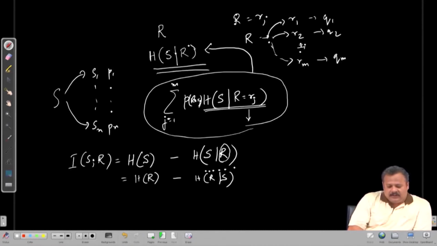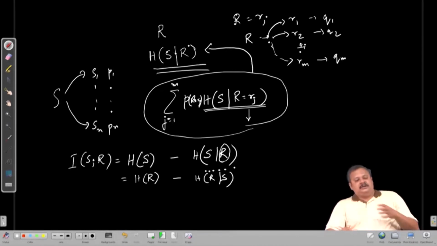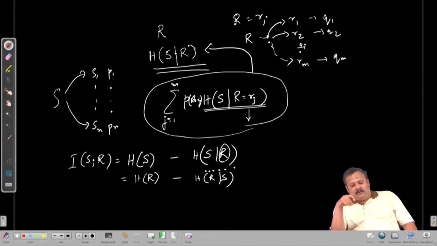So, in this case we have two random variables, and we may be observing one of them and trying to guess the other. We are observing the response, and based on the response we are trying to find out which stimulus has occurred, and with what probability each of the stimuli may have occurred.